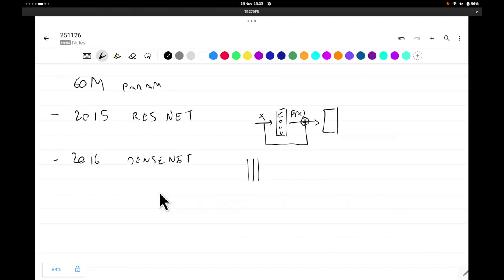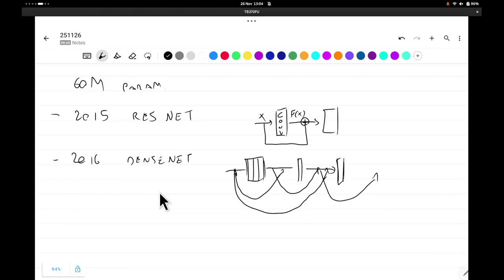Basically, each layer propagates to the next layer. So this would be a convolutional layer, and this output propagates to the next, and this output propagates to all the next, and so on and so forth.